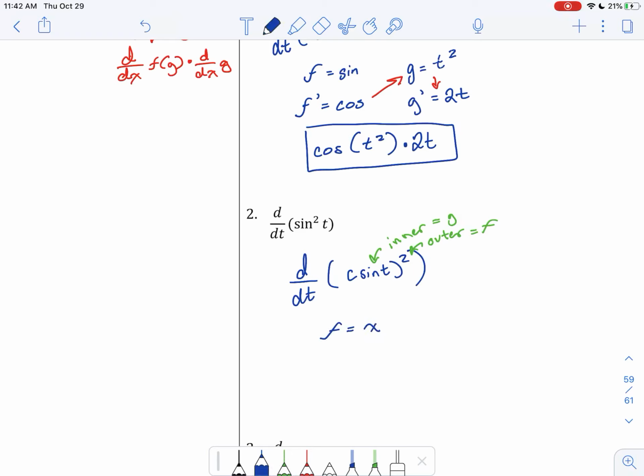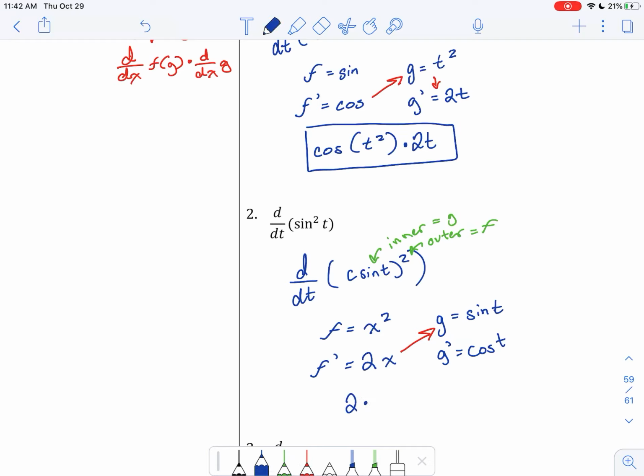So f is equal to squaring. And so then f prime is 2 times x to the first, or just 2x. g is now our inner function, so sine of t. g prime is cosine t. So when we do this, we take our function and we plug in g.